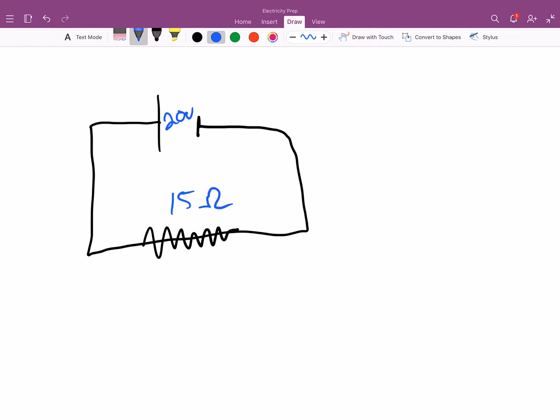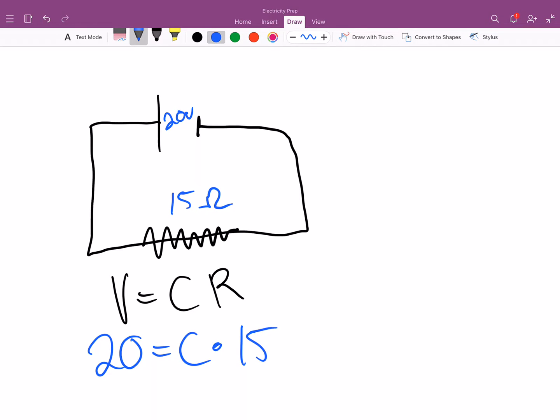Continuing from the previous video, you have a power source of 20 volts, resistance of 15 ohms. You introduce Ohm's law, which is V equals IR. Your voltage here is 20. Your current is unknown. Your resistance is 15.